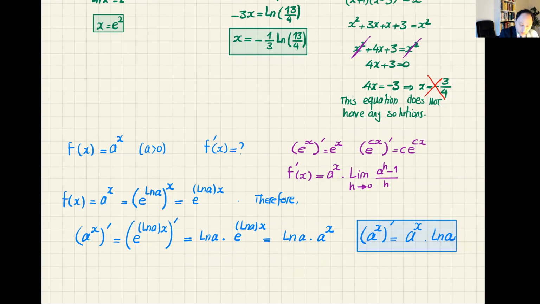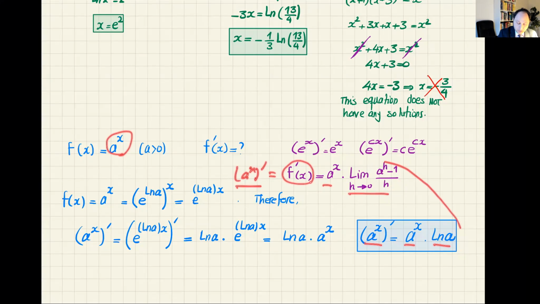Now, if you compare this formula with this formula, you can immediately realize what this limit is. Yes, because f prime of x is the derivative of a to the x, so I can write a to the x prime. This one, in the first session, we learned that this is the same function multiplied by this limit. Now, I get the formula is the same function multiplied by ln of a.